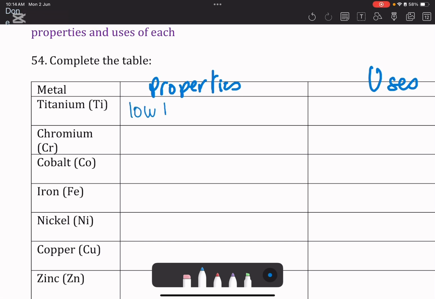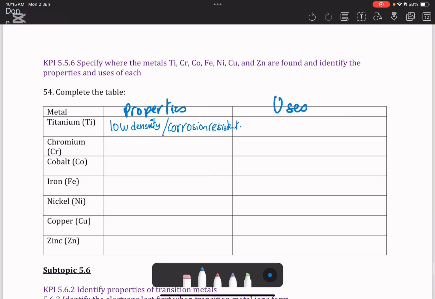It has a low density, it's not heavy, so it makes it a perfect metal to place in the body for injured people. So corrosion resistant, it doesn't corrode. And also because it's light, it's used in aircraft engines, or you can mention surgeries.